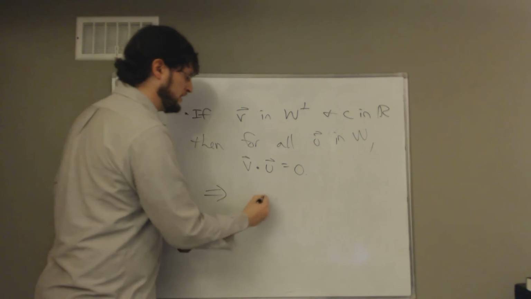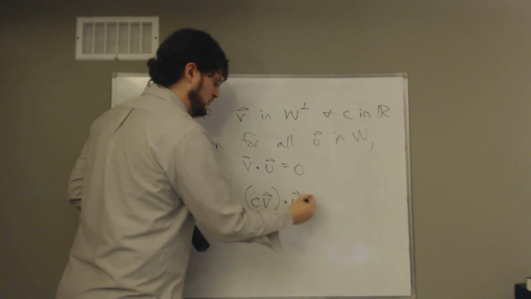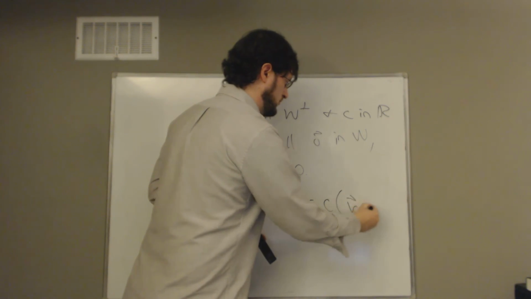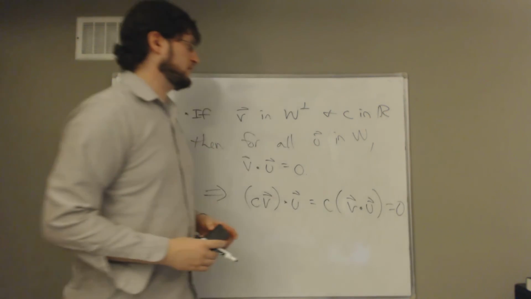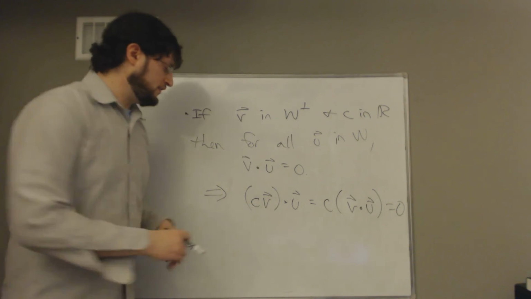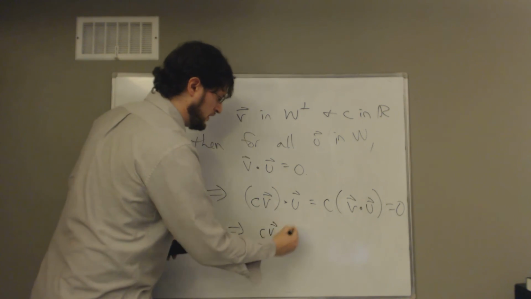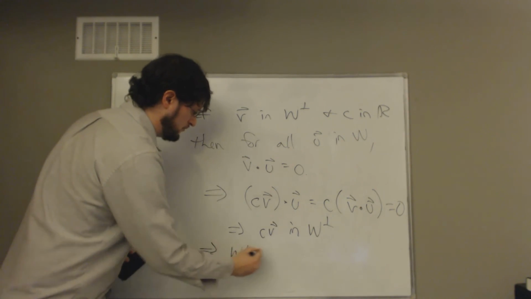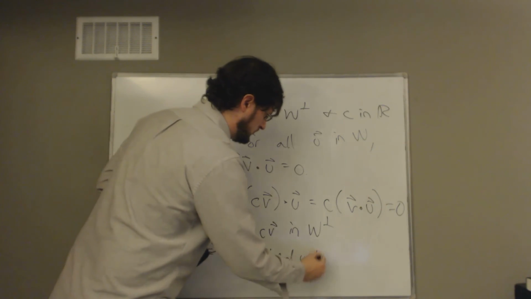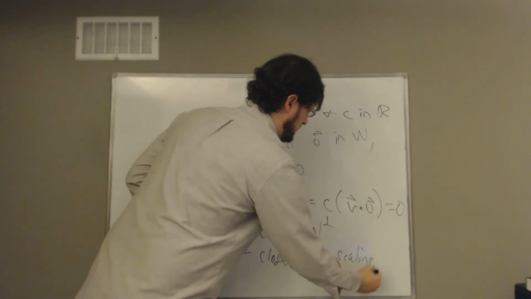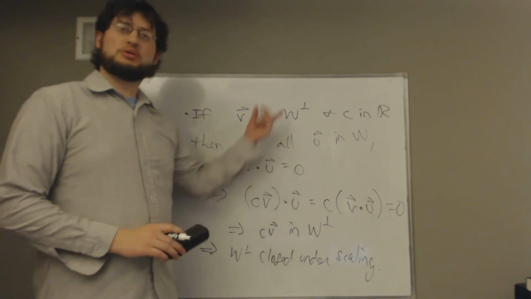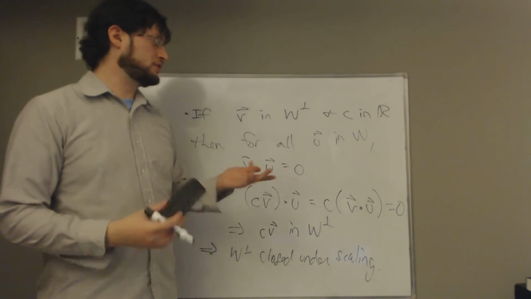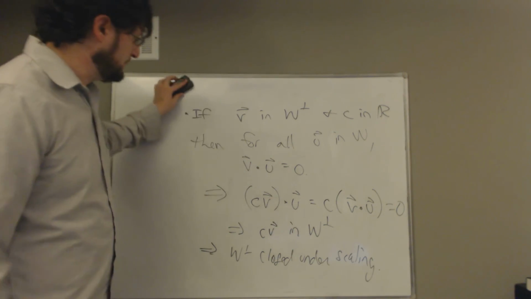But this tells me that cV dot u is c times V dot u. But that's 0, because V dot u is 0, which means that cV is in W perp as well, and it's closed under scaling. So that tells me that W perp is in fact a subspace because it contains the 0 vector, it's closed under addition, and it's closed under scaling.